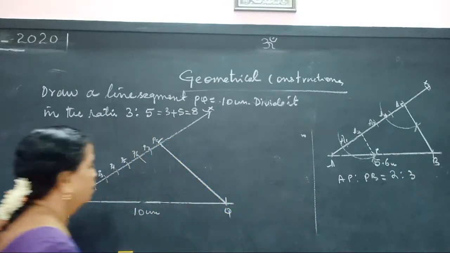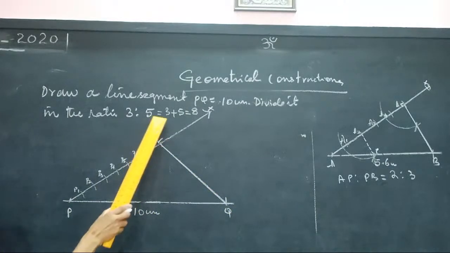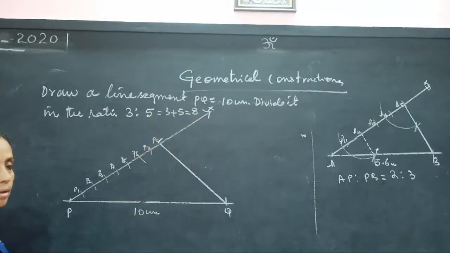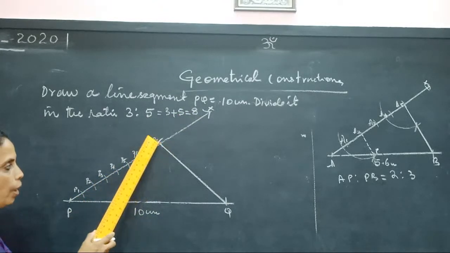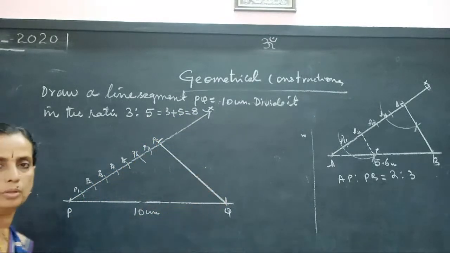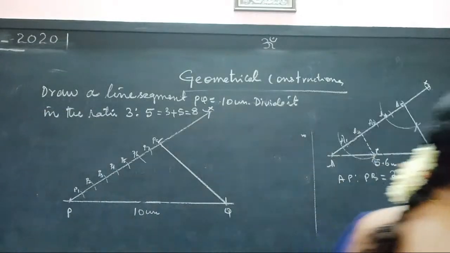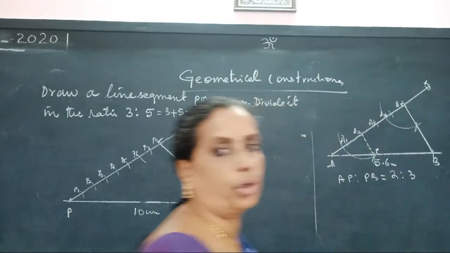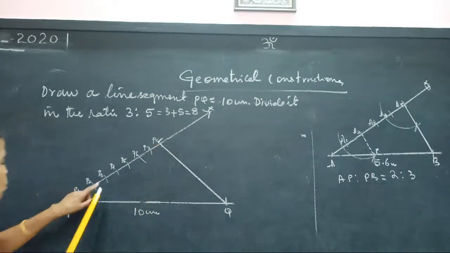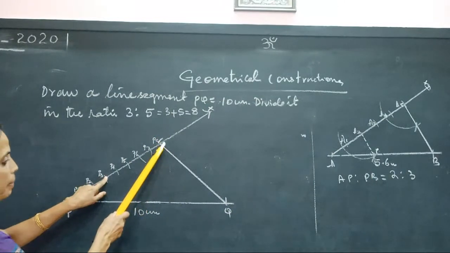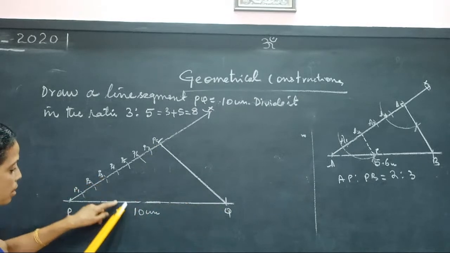Is it clear? After cutting off the sum of the ratio, P1, P2, P3, P4 like that up to P8, join P8 to Q. After joining, now we have to draw the line parallel. For 3:5, you should draw a line parallel to P8Q.